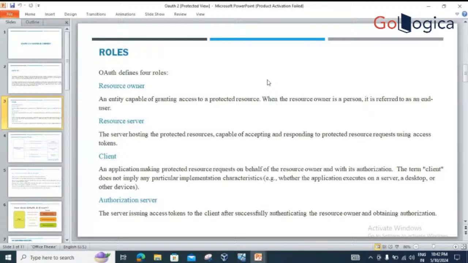So the authorization server is basically a server which issues an access token to the client after successfully authenticating the resource owner and obtaining authorization.